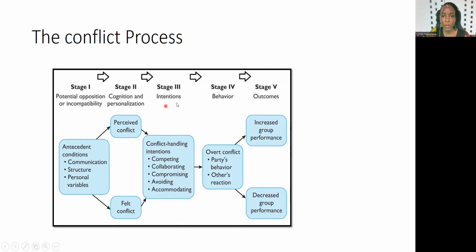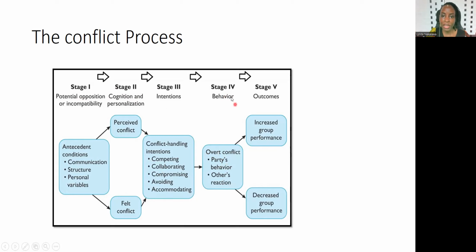Stage 3 will give way to stage 4. We said that is the behavior, the overt conflict that we see here. Overt means observable. It is clear, anyone can see it. It has behavior, one party's behavior, and it has the other party's reaction.